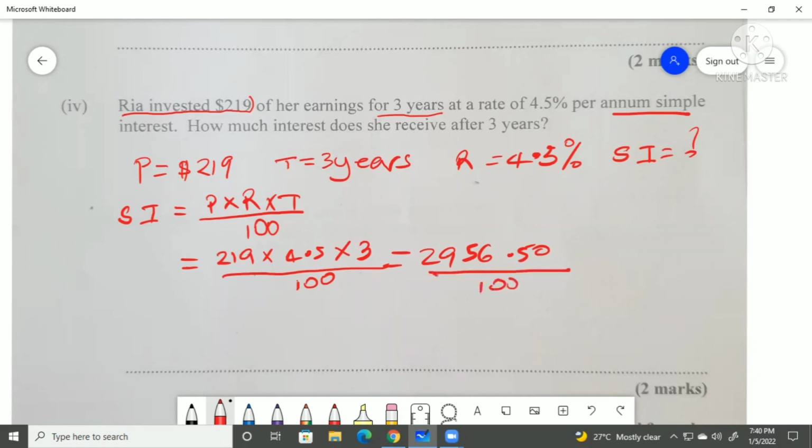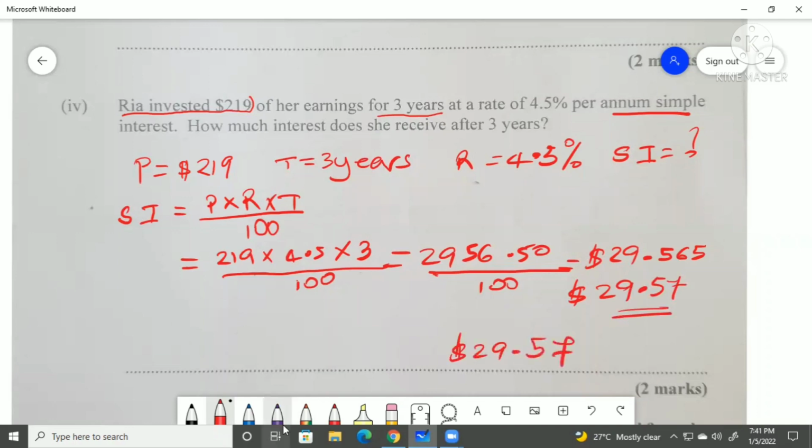Divide that by 100, and we're looking at 29.565, but money is always to 2 decimal places, so it's $29.57. So that's the interest that would have been earned over that period of time.